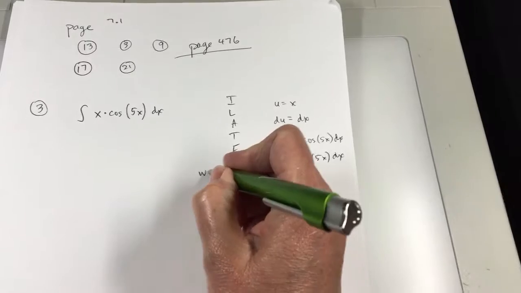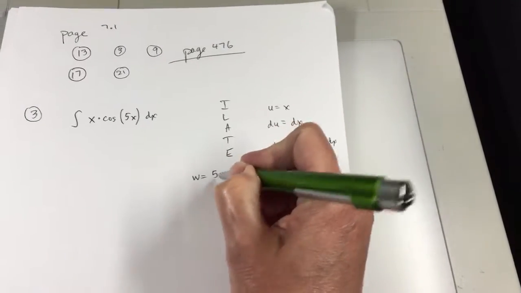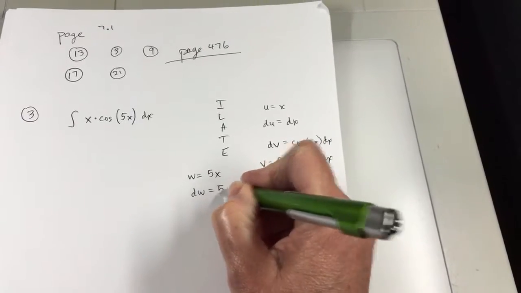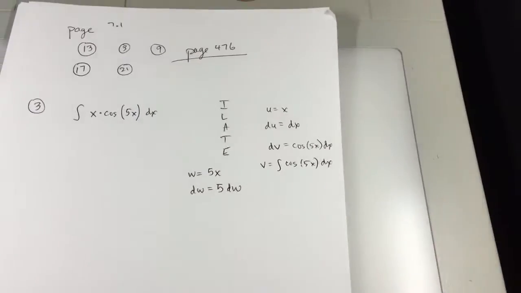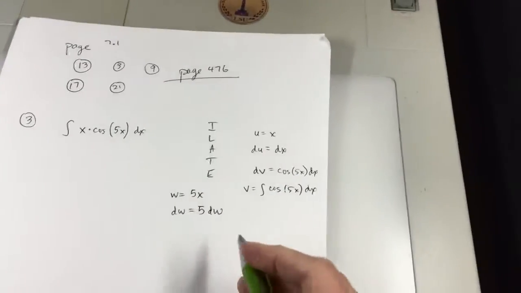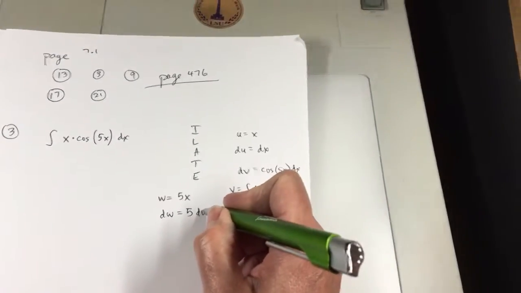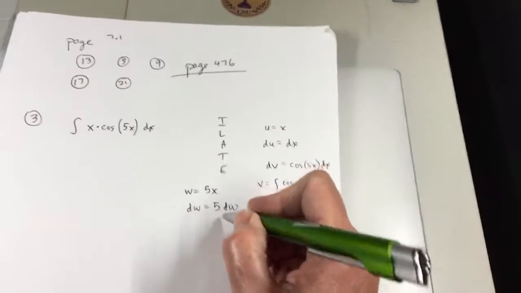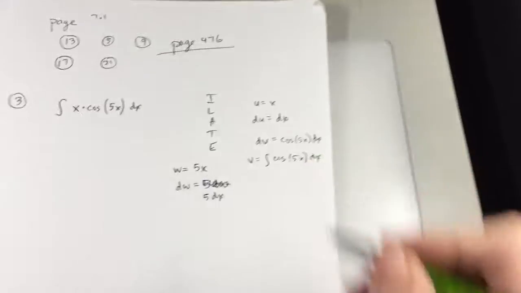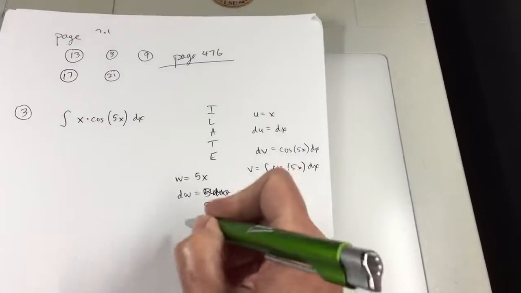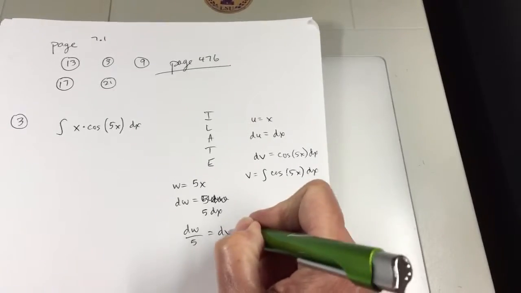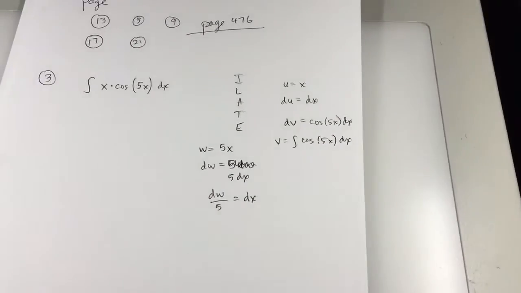So W equals 5x. What is the derivative of W? 5 dW. So for my d, let's see, that's 5 dx, right? That's not dw. 5 dx. So for dx, I can divide both sides by 5. dw over 5 equals dx.